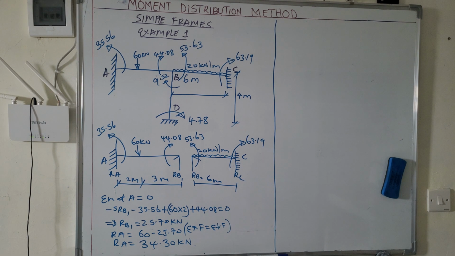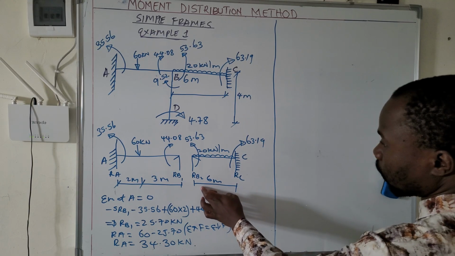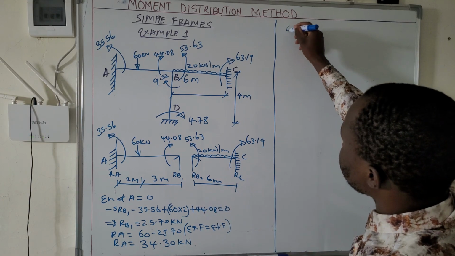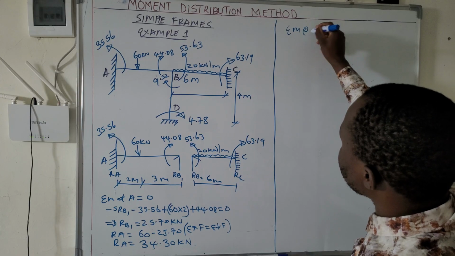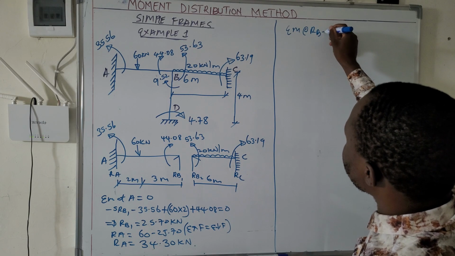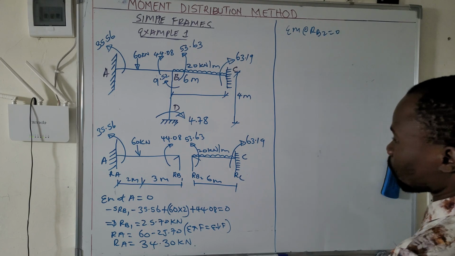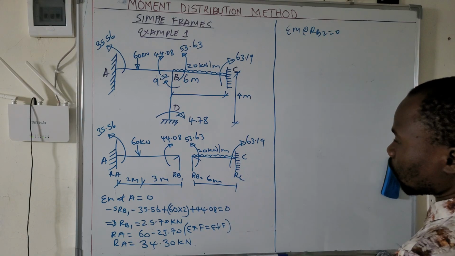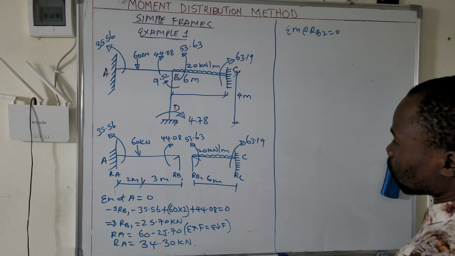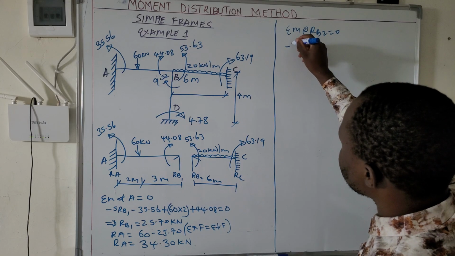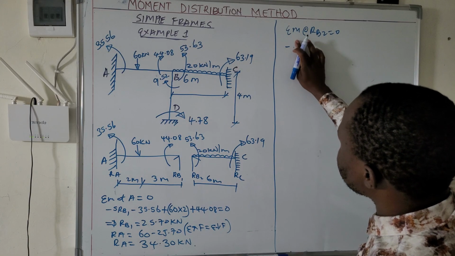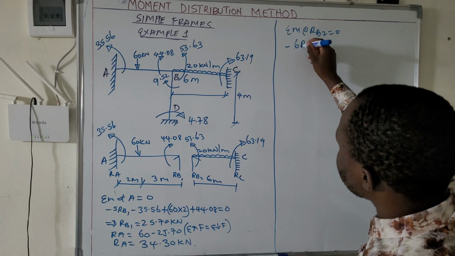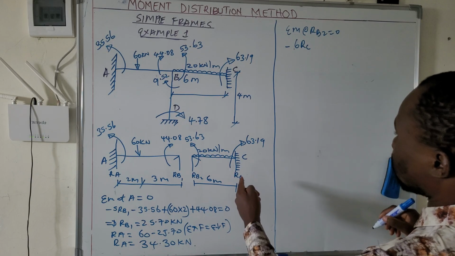So under this portion, we'll sum again moment at RB2. So summation of moment at RB2 equals to 0. So RC is moving in anti-clockwise direction. So minus 6 RC.